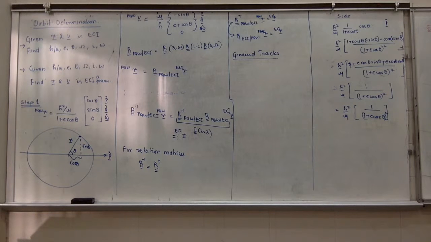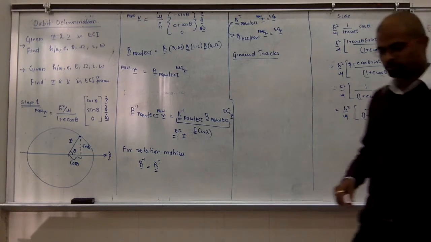Because it's curving around the Earth, but when you look at it from the top, it's just a trace, the projection of that on the Earth. That is the ground track. You get it?